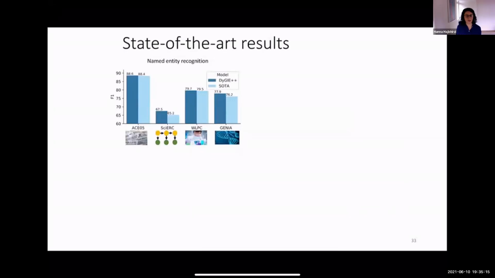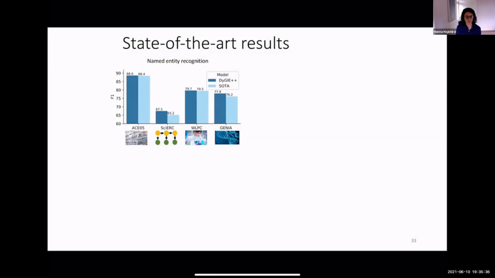And here are our results in named entity recognition. The lighter blue is the state of the art before DIG, which was also one of our models using the LSTM and ELMo. And then DIG uses the whole framework of graph propagation and everything.